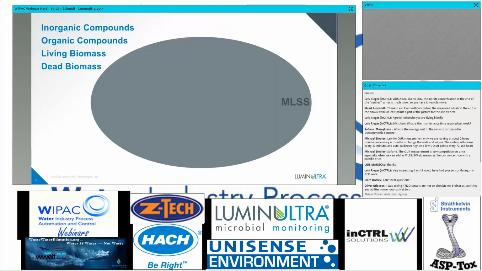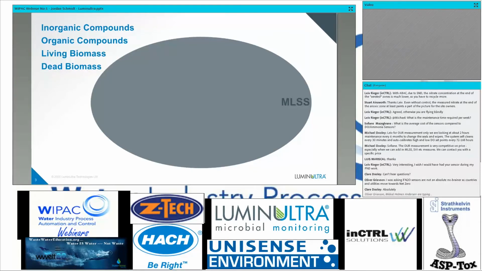So if we look at a general black box view of what your MLSS is going to be comprised of: inorganic and organic inert compounds, living biomass, dead biomass. It's comprised of a lot.